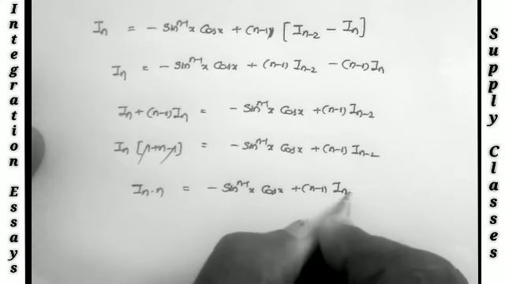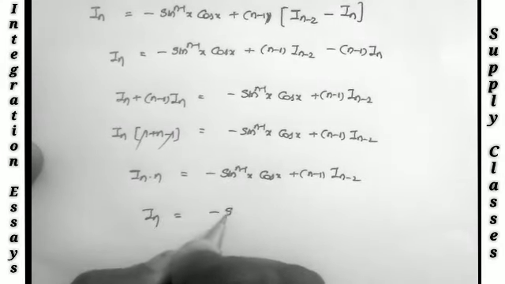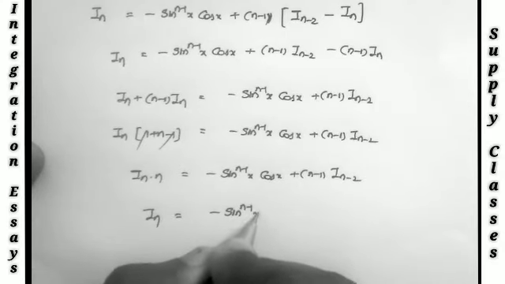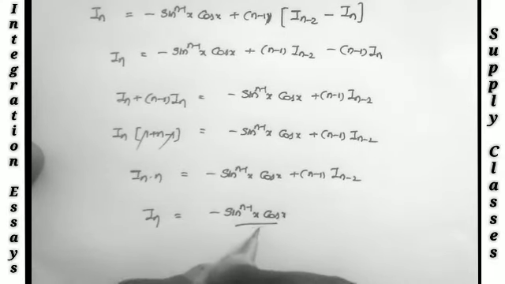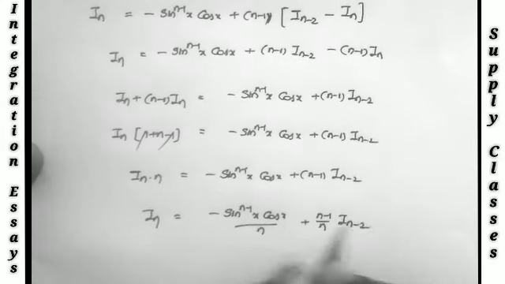Now we want the value of I_n, so writing this n to this side, I_n is equal to minus sin^(n-1) x cos x by n plus (n-1) by n into I_(n-2). This is the value of I_n.